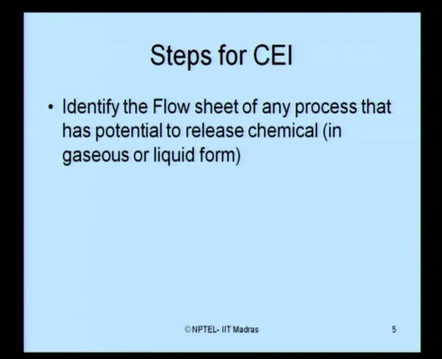Look at that process and try to understand the potential to release a chemical, whether the chemical to be released from that industry will be in a gaseous form or a liquid state. If it will be released, what will be the flow process where that release could occur from the containment, from the process line, etc.